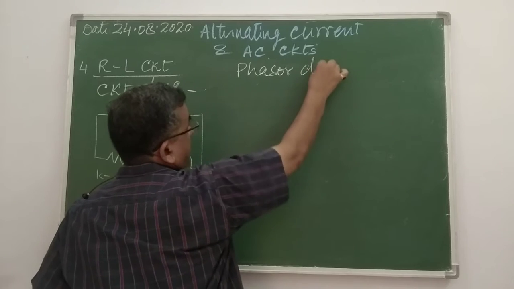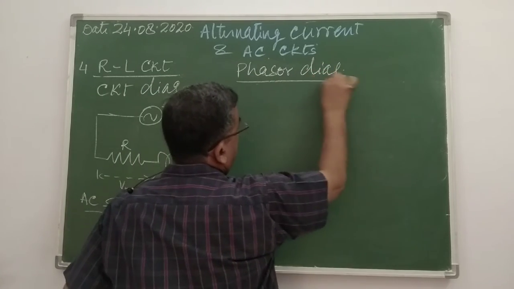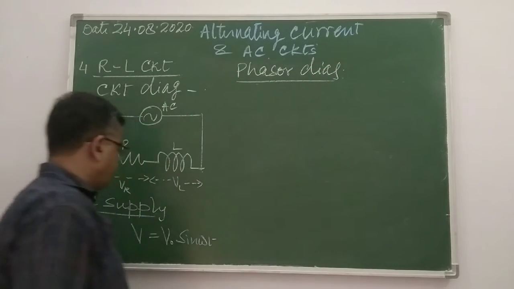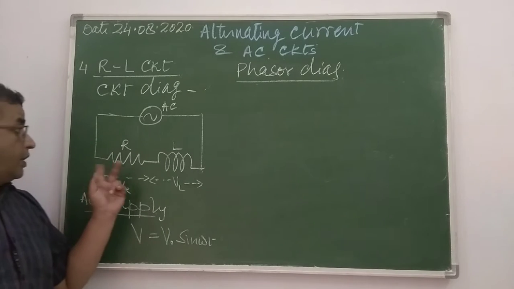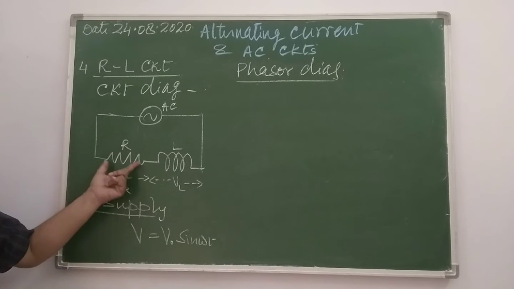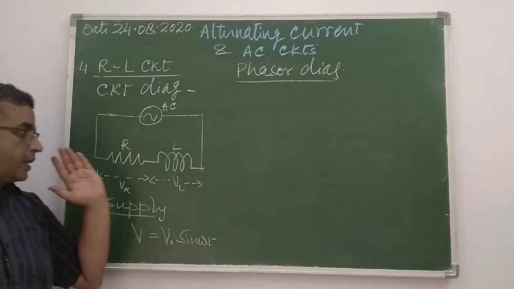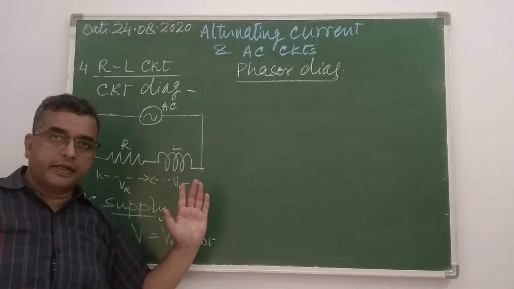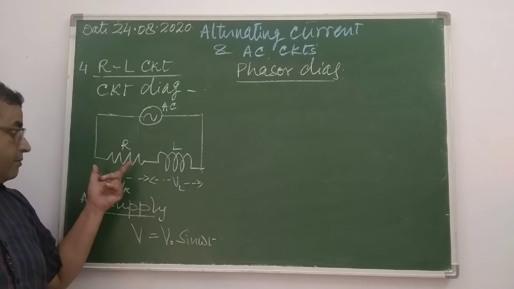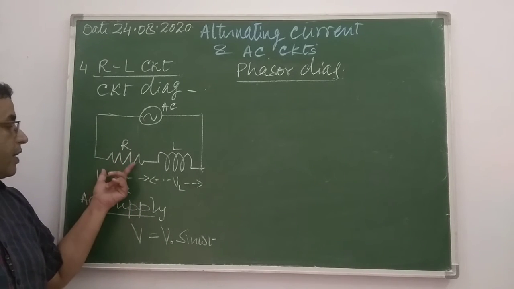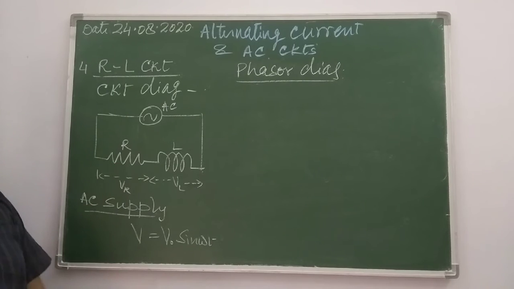In this phasor diagram, we have seen that if the circuit consists of resistance only, the alternating current and alternating voltage are in the same phase.